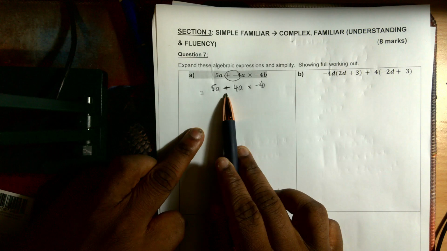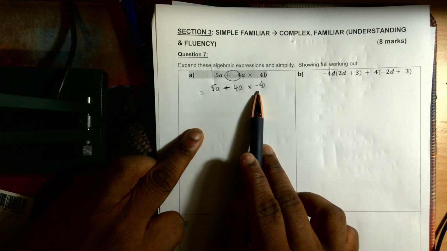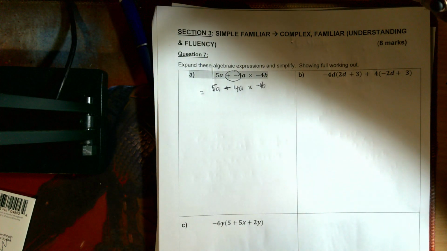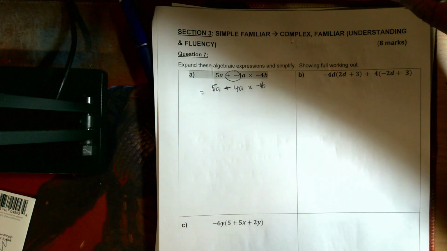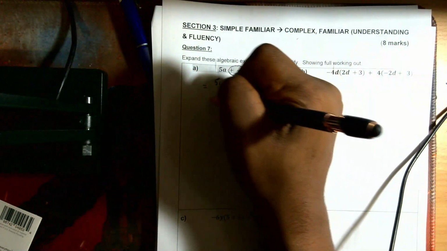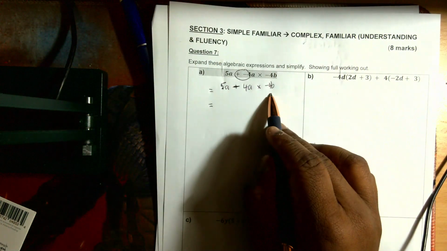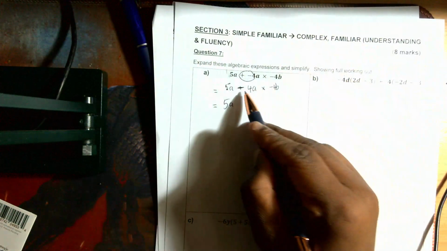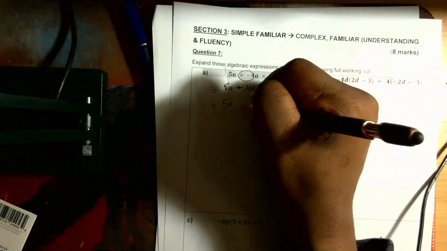Again, we do multiplication first, and then we deal with the result together with the 5a. So do that first. So we've got 5a, a negative times a negative, that's negative.